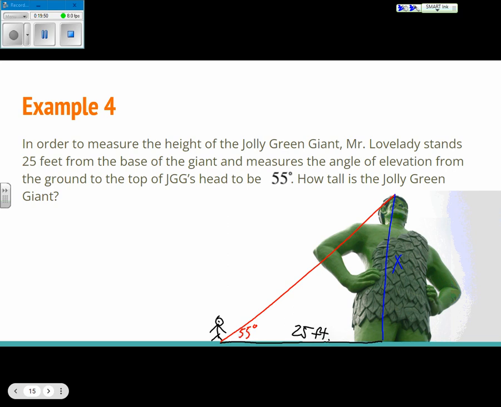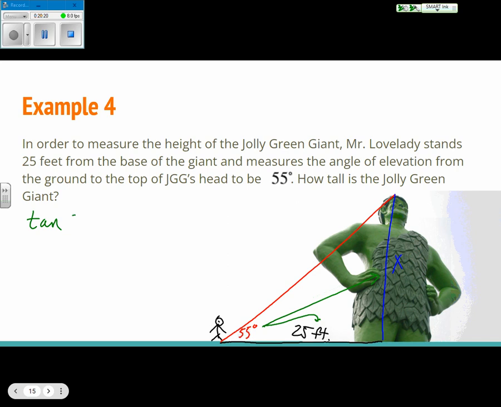So think about it. Which one of my trig functions do I need to use if I'm looking for the side that is opposite this 55 degrees, but I'm given the leg that's adjacent to it? So I'm dealing with opposite and adjacent. Should be my tangent, right?